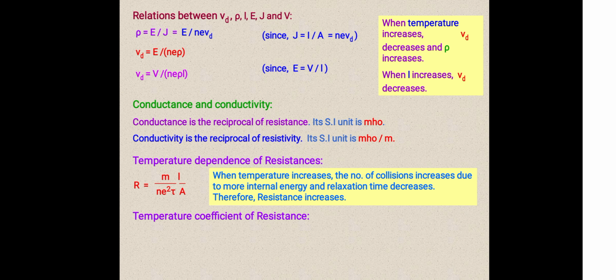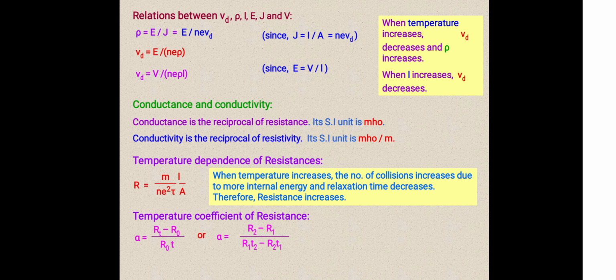For a semiconductor, if we increase the temperature, then the resistance of the semiconductor decreases. Remember this thing. So for a conductor, if we increase the temperature, then resistance also increases, because the number of collisions between electrons increases. But for a semiconductor, resistance decreases.